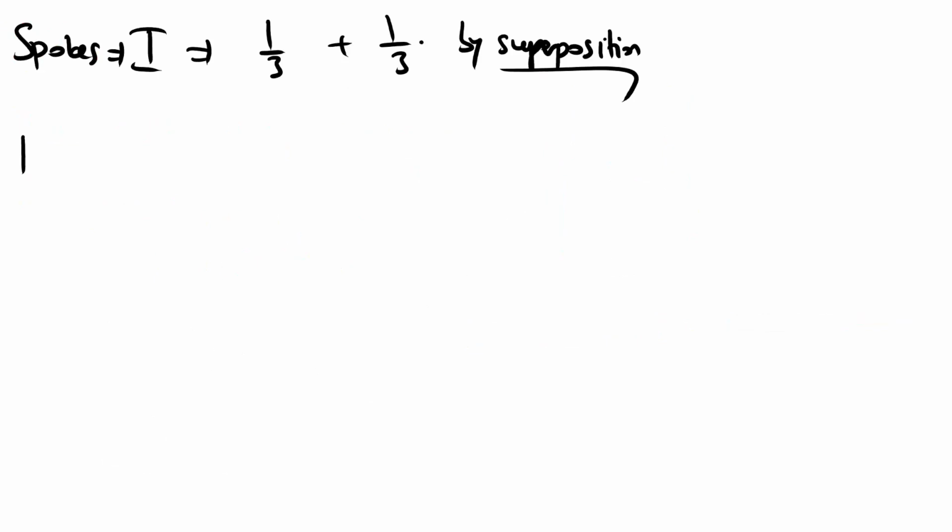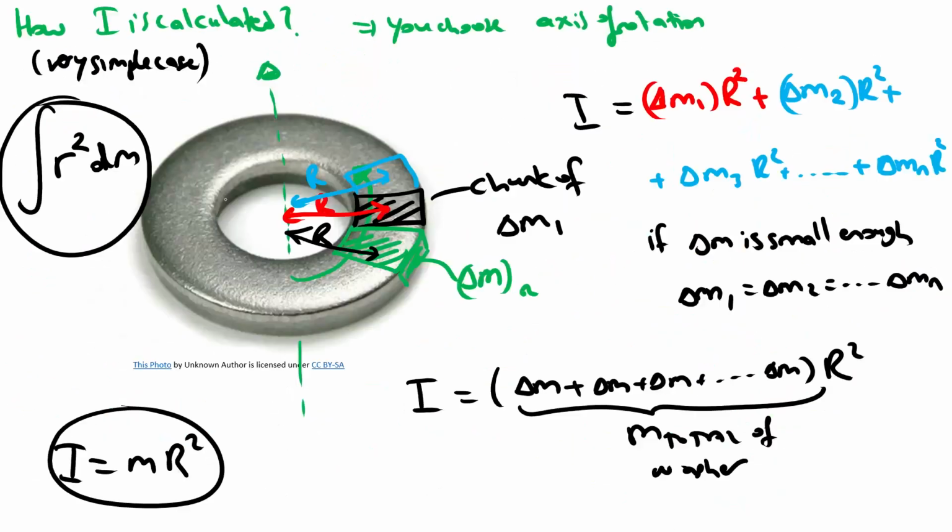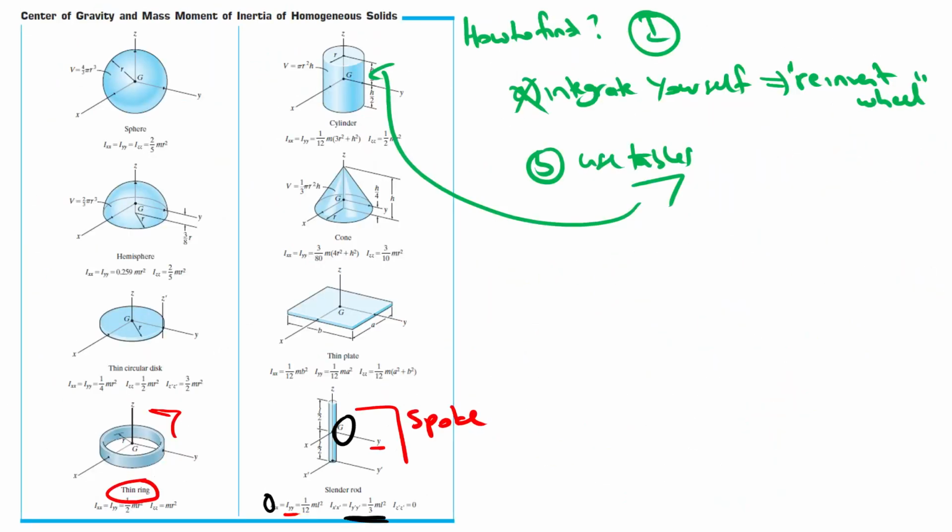Now comes the thin ring. For the thin ring, if I go back to the table, we have z, y, and x axes. As you can notice, the case in our problem was this one, and it was rotating around this axis.